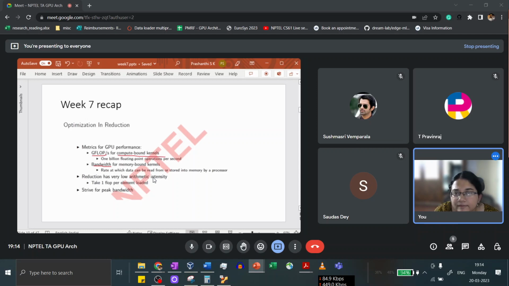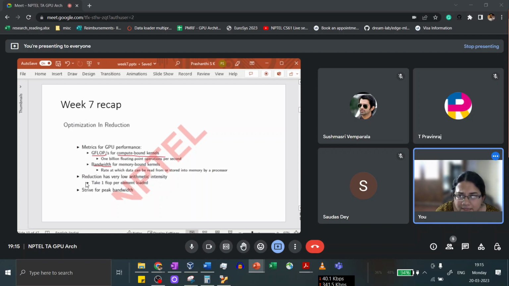Many times we didn't look at gigaflops per second, we just looked at execution time. Execution time would be affected by both the compute and the memory. For instance, when we improved the memory bank conflicts, you would have seen that the execution time went down. Similarly, if we did some optimization on the compute side, the execution time will again go down.